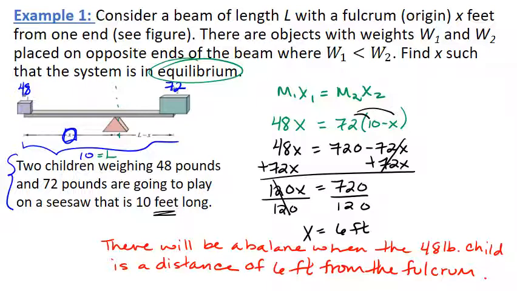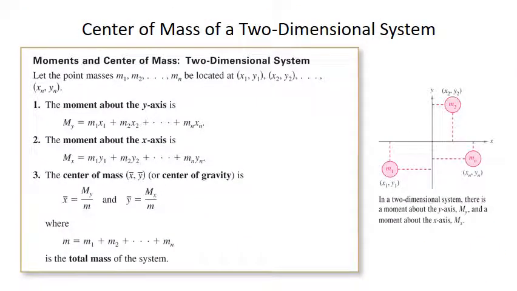Of course, this can get a little more complicated. So here we're talking about a center of mass of a two-dimensional system. So it's a little more complicated and not a linear system. But here we have a two-dimensional system like a coordinate plane, an XY axis.